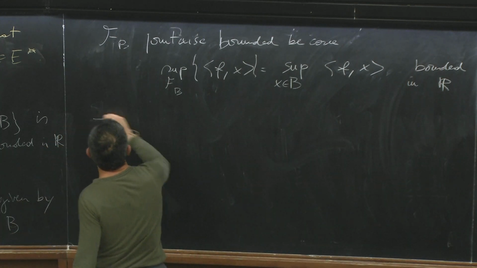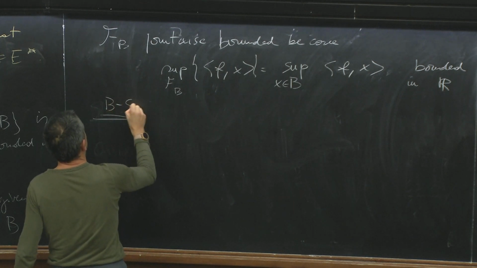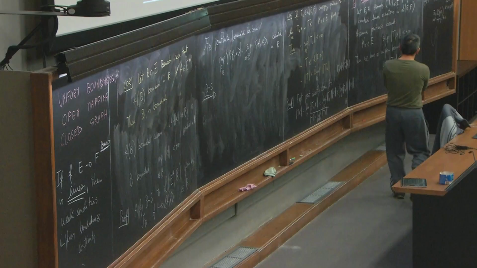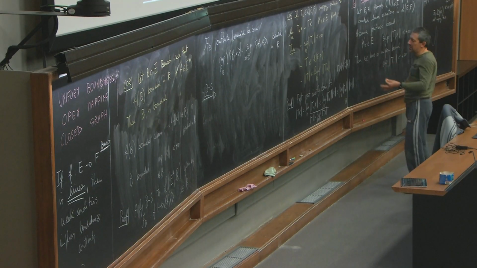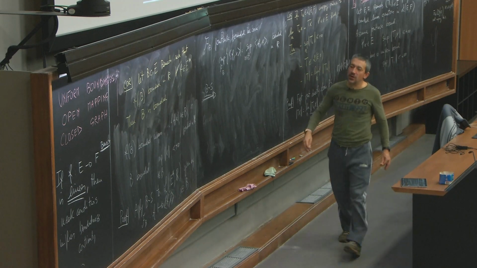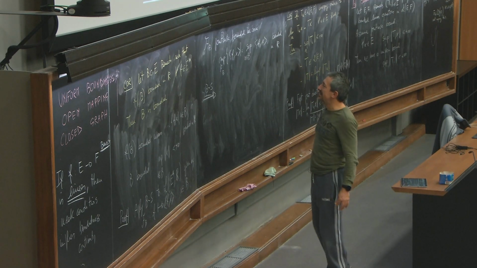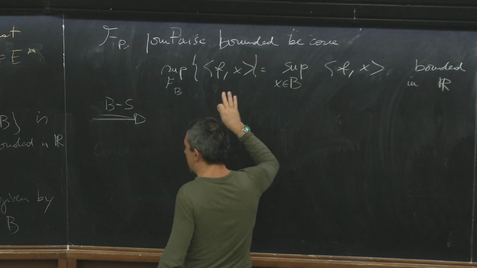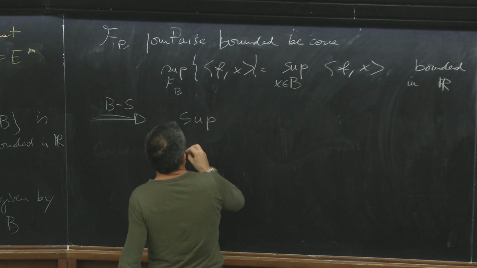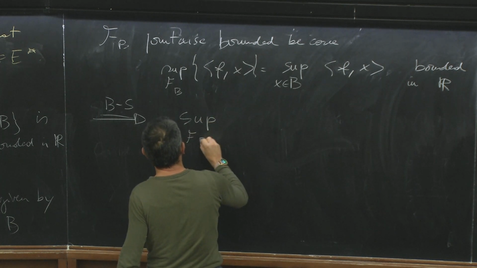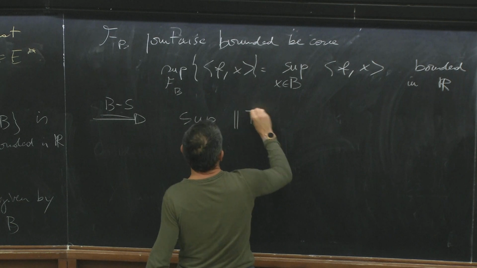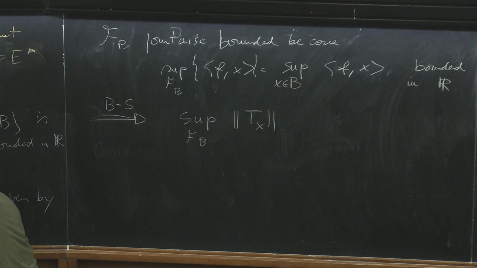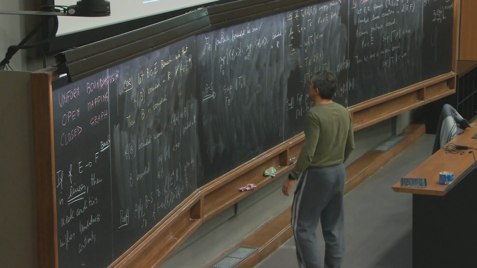So I deduce that there exists a uniform bound, some constant. It means that the sup over the family FB of the norm of this operator, let's say Tx of F, is bounded.